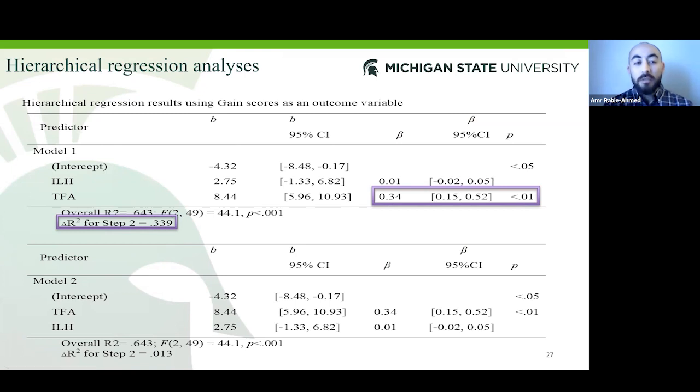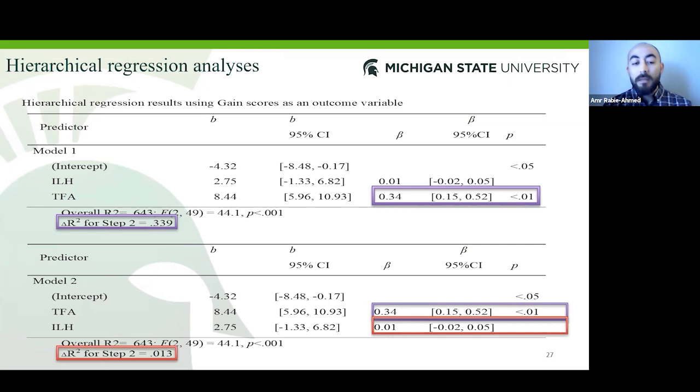In the second model, where the TFA is entered first and the ILH second, the ILH alone only accounts for about 1% of the overall variance. So it looks like the TFA is a better predictor of the gains. The results indicate that the TFA is a better predictor of the gains than the ILH.